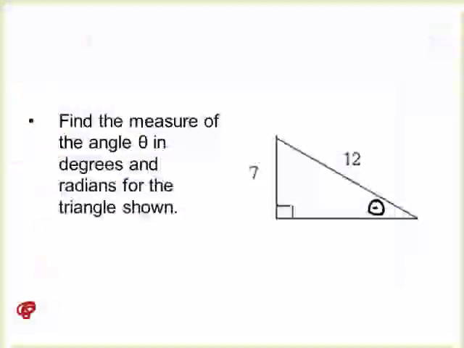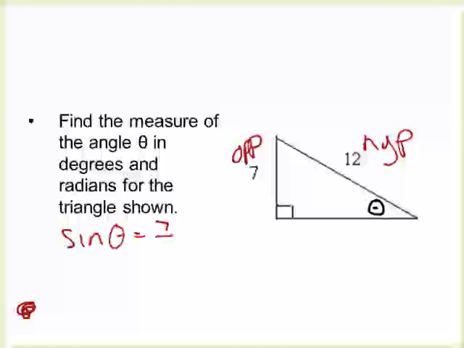Yes. And 12? So which trig would we use? Sine. So sine of theta is 7 over 12, which means the inverse sine of 7 over 12 will give us our angle. So on the calculator, we do a second sine of 7 over 12.